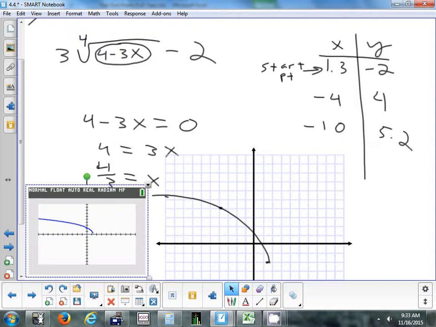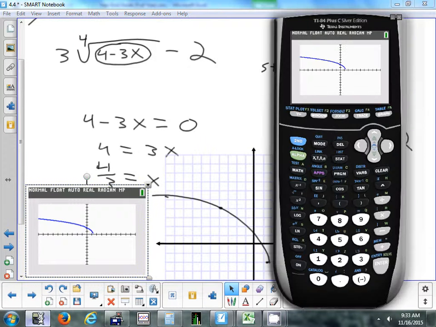No. Okay, it looks like the calculator is starting it above the y-axis. And the reason is when it starts to get steep, the calculator can't draw it anymore. If you zoom in right at that axis, it'll probably show it going a little lower. Let's just zoom in right there. So before it was above the axis, now it is going below, but it's still not going as low as it should.